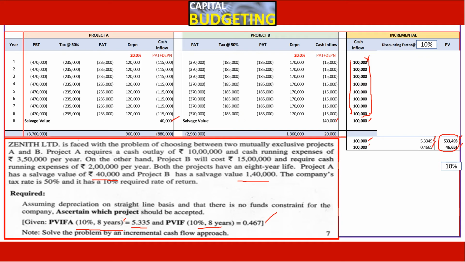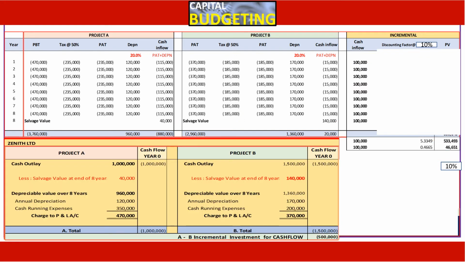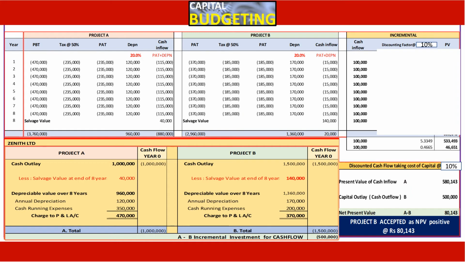Means we will have a net present value of 533,493 plus 46,651. The present value of incremental cash flow is 5,80,143. Our capital outlay is, for option A, 10 lakhs. Option B, it is 15 lakhs.